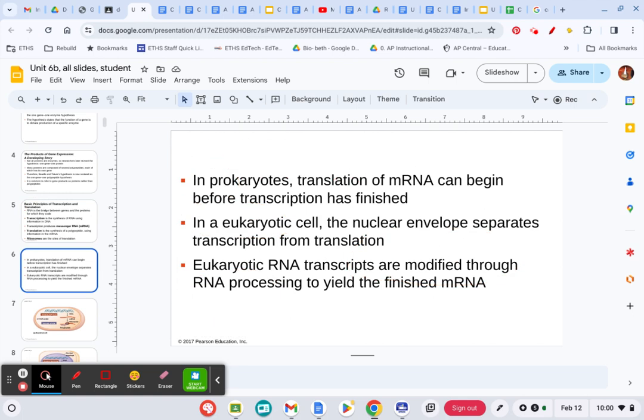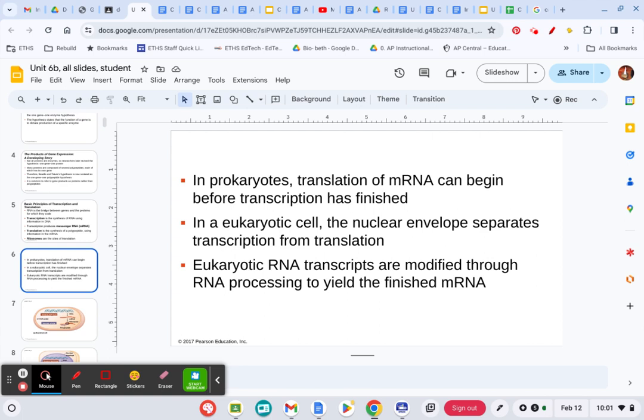In prokaryotes, there is no nucleus, right? So that, as we will see later on, actually makes transcription and translation happen pretty quickly, because they're not as sophisticated as we are when it comes to protein synthesis.